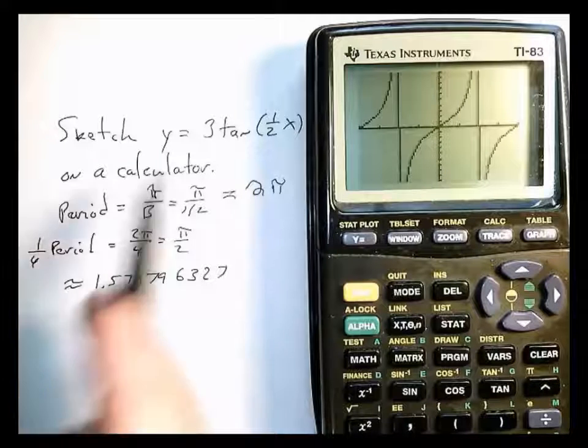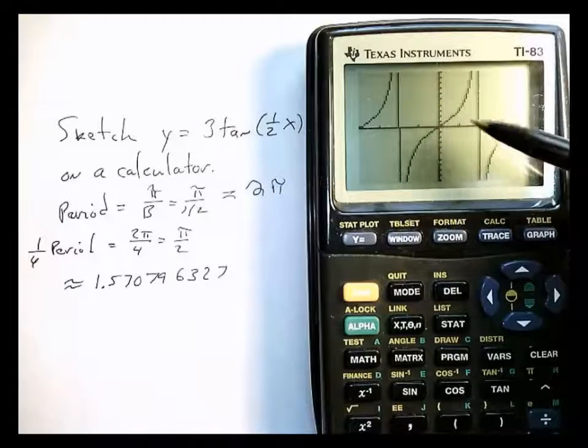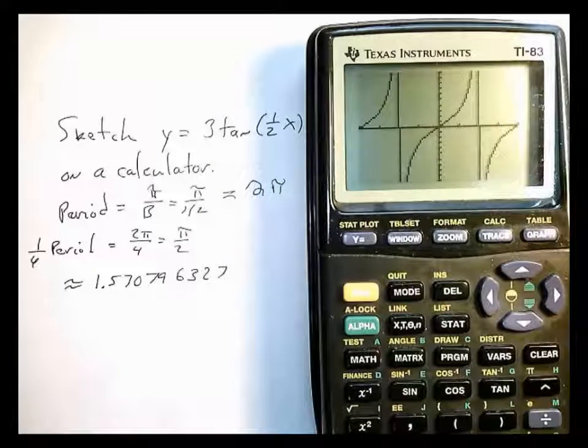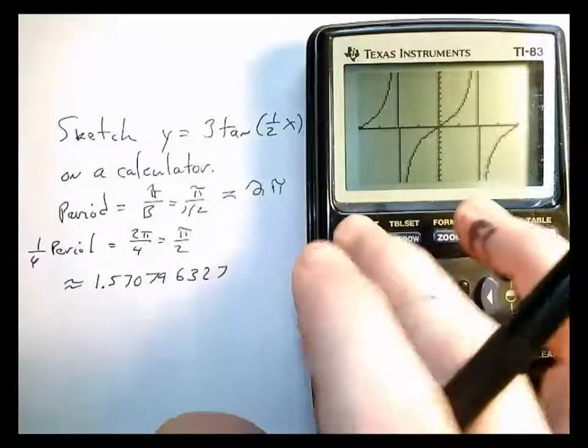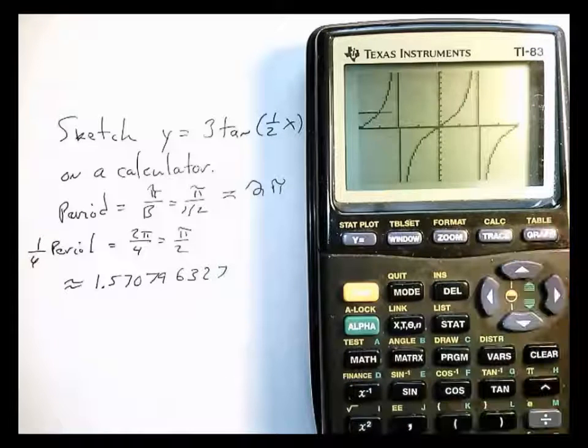What about this 3 here? We're just eyeballing this at pi over 2. Looks like I'm roughly at 3. I could trace and see. I guess what I could do is I could just calculate it and see if I put y equals 3 here and graph this. That's y equals 3.